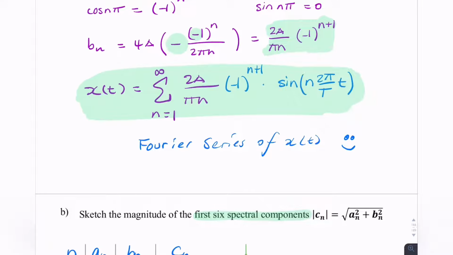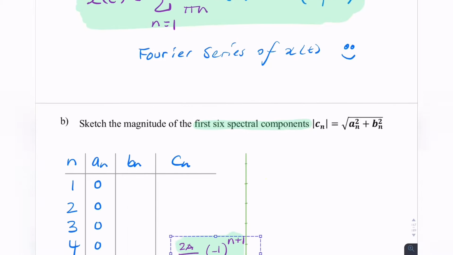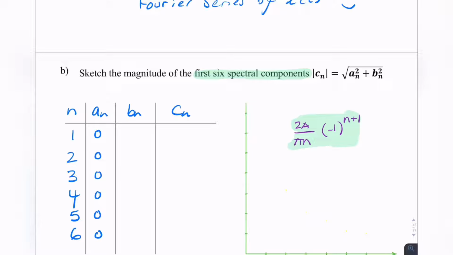Now the B's, we need to substitute in here. This is the expression for B. We need to substitute n equals 1, n equals 2, n equals 3, etc. The problem is we don't know the value of A, so we can just put it in terms of A. We'll just stick an A on the end.